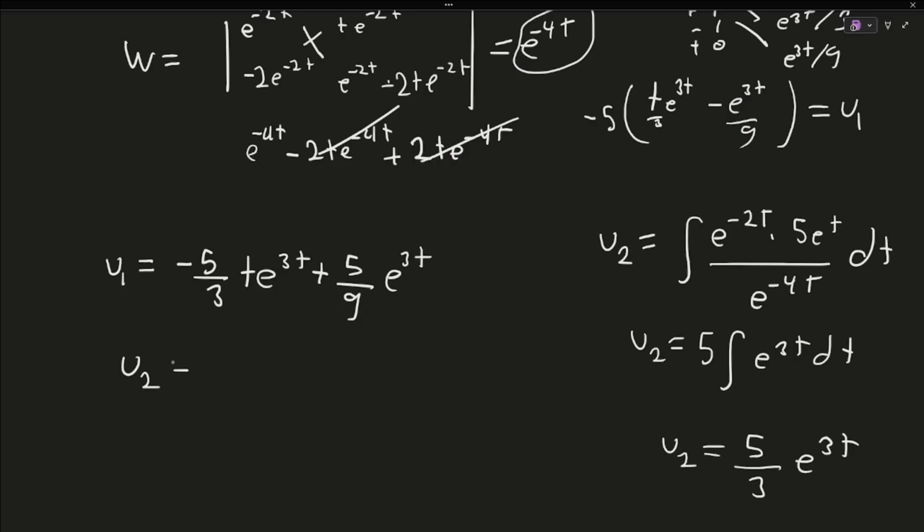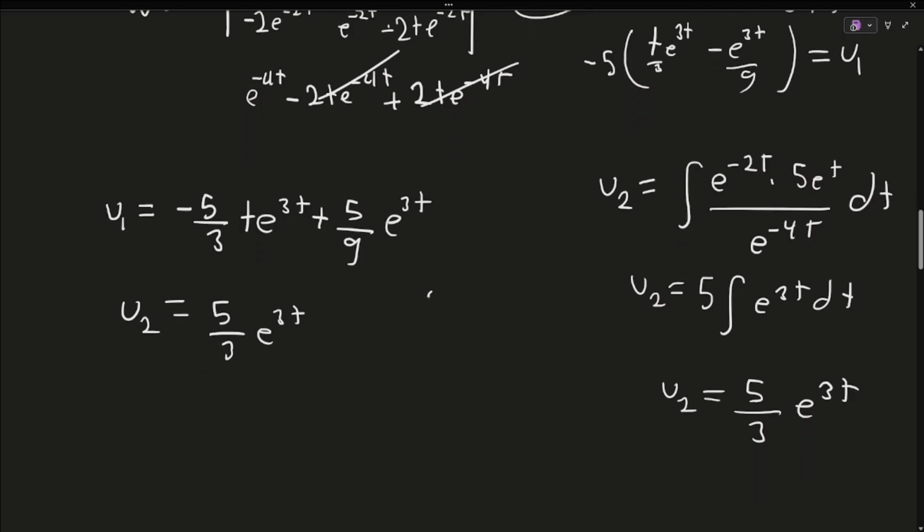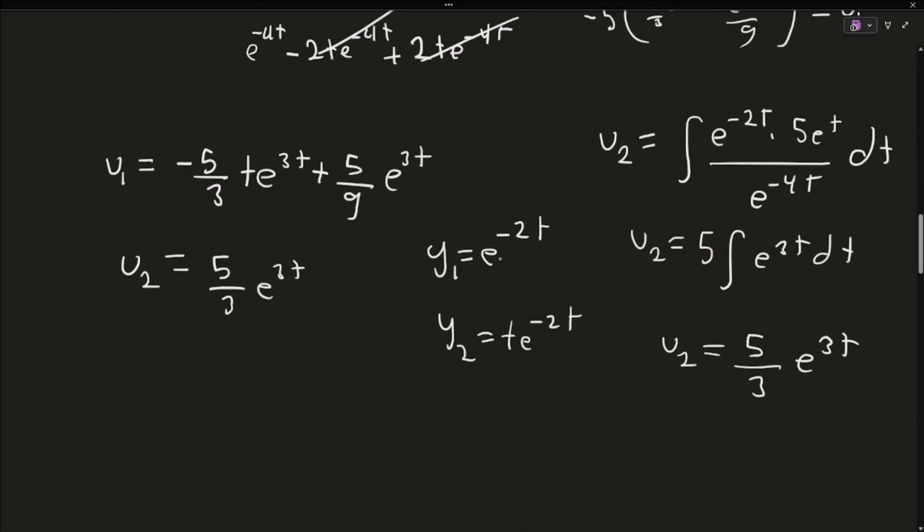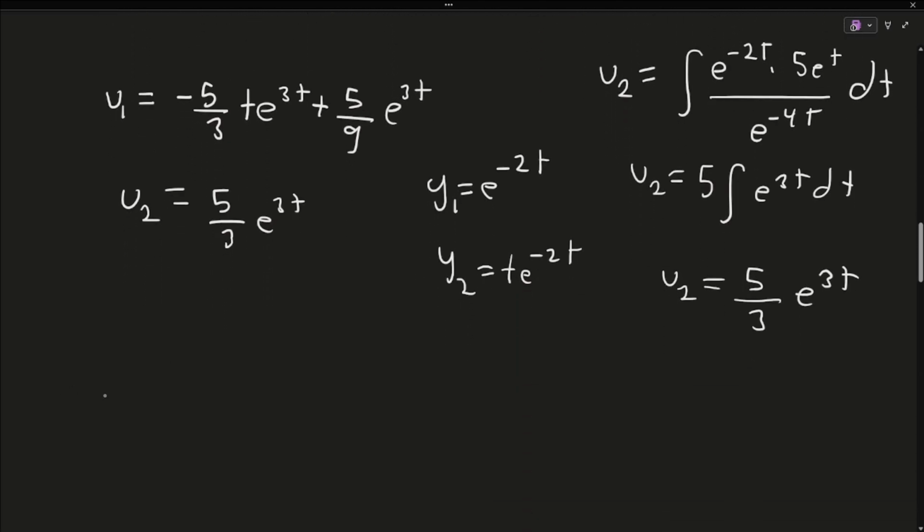And u2 will be, since we found it already, 5 over 3 e to the 3t. And from the fundamental set of solutions, y1 was e to the minus 2t, and y2 was t e to the minus 2t. All right? Just like that. So we're going to multiply these guys out.